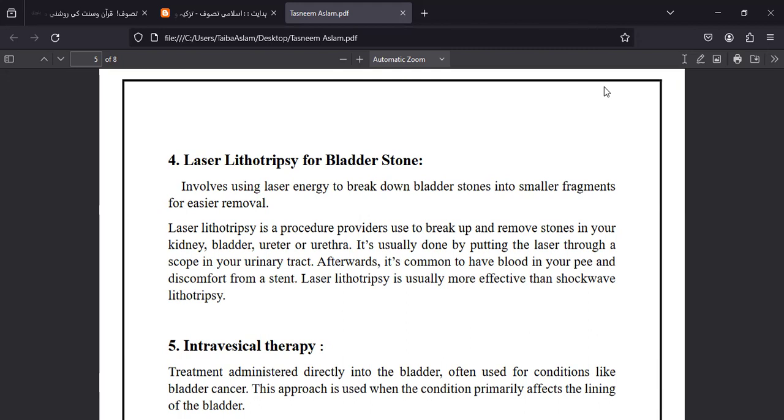Laser lithotripsy is a procedure providers use to break up and remove stones in your kidney, bladder, ureter, and urethra. It's usually done by putting a laser through a scope in your urinary tract. Afterwards, it's common to have blood in your pee and discomfort from the stent. Laser lithotripsy is usually more effective than shockwave lithotripsy.